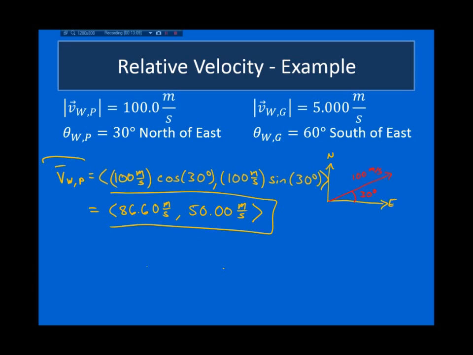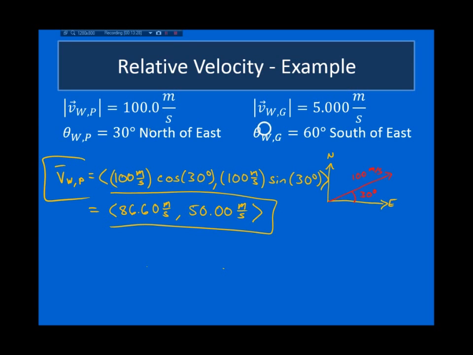And I'm keeping all of these digits because the effect that this wind is going to have is going to be very, very small, right? This is a very, very small velocity for the wind and a very large velocity for the plane. So this is only going to have a very small effect.